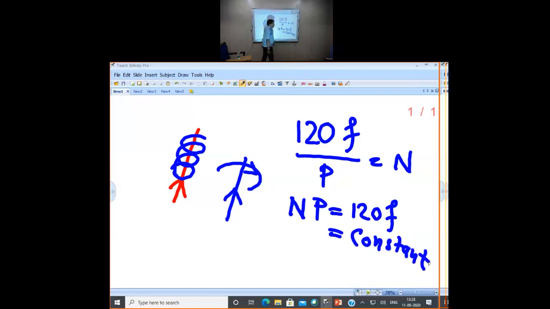Why constant? Because F is the frequency, say 50 Hz. So 120 into 50 is 6000. So that is a constant. In European countries, 120 into 60, that is 7200. That is also a constant. So N into P is ultimately constant. So we can write N proportional to 1 by P or P proportional to 1 by N.